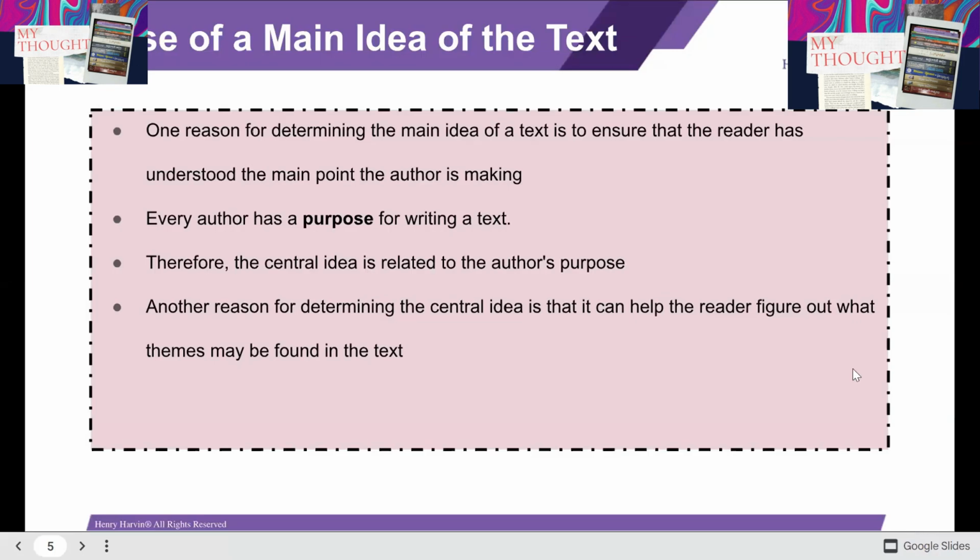Another reason for determining the central idea is that it can help the reader figure out what themes may be found in the text. Again, some of the things you will be able to understand if you are able to relate to some of the things they have included in their text.